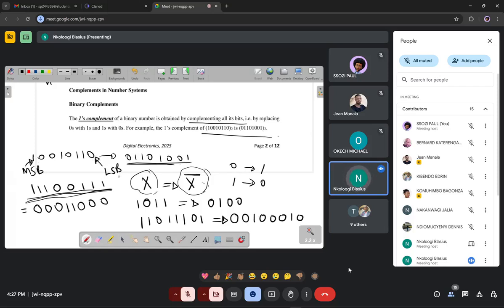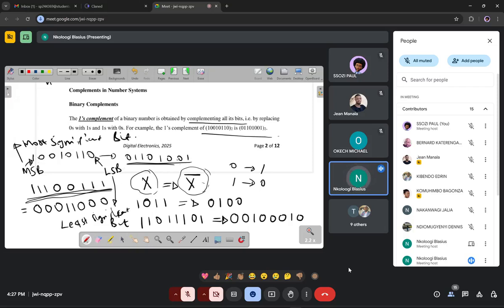So LSB in full stands for least significant bit, while MSB stands for most significant bit. We have already talked about bit, and we know now why we say bit in this case.